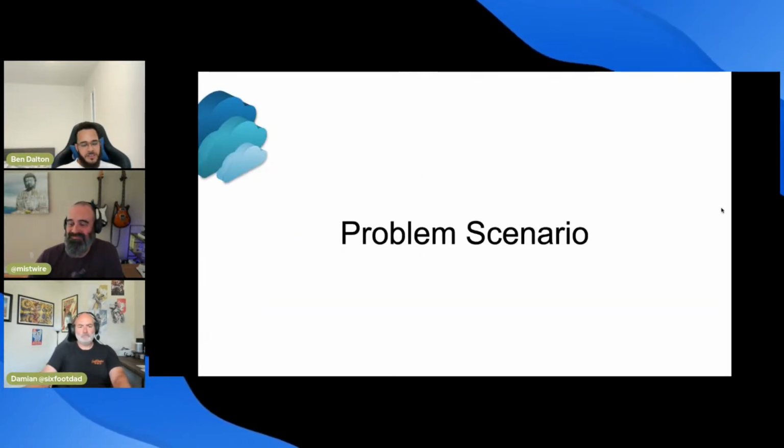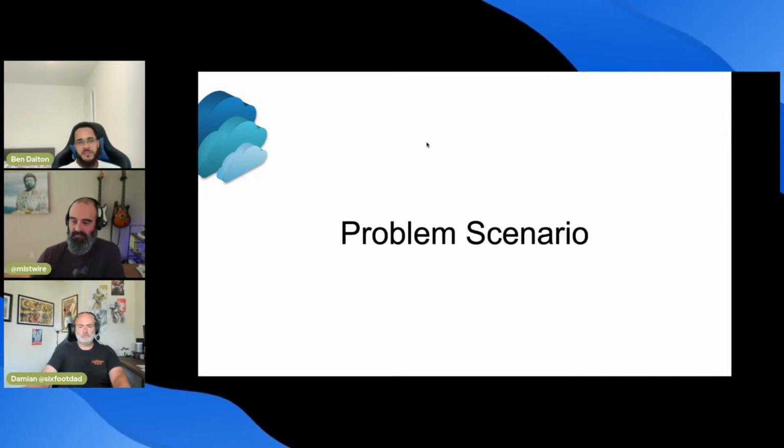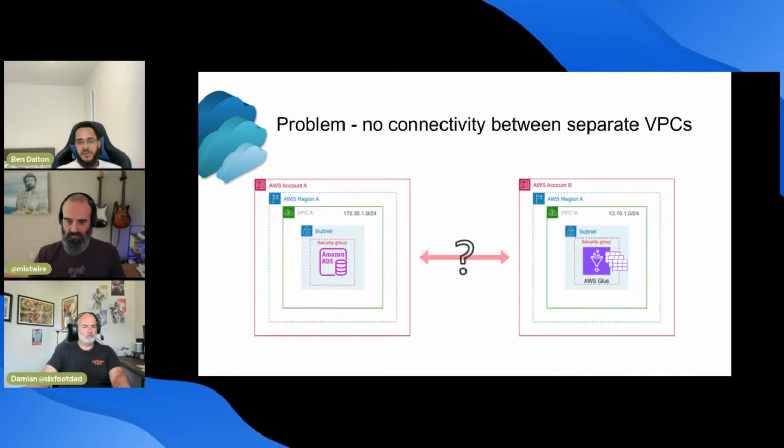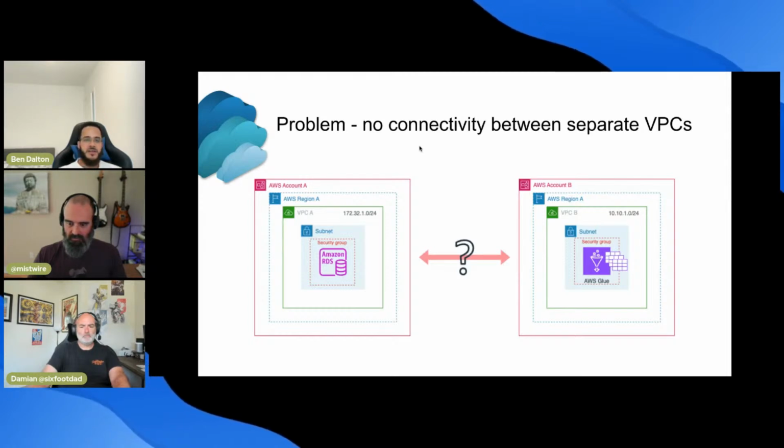Now I'm going to talk to you about a problem that I encountered, and this is how I discovered VPC peering back when I was working on one of my projects with a client. The problem was I was working with a data platform team, and we needed to enable our data analysts to access and explore some data that existed in a different AWS account on an RDS instance.